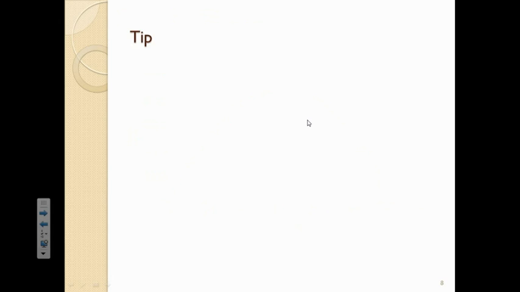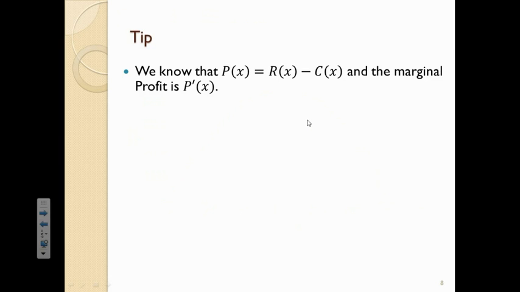Now, when we're working with trying to find maximum profit, there's a little tip I can give you. We know that profit is equal to the revenue minus the cost, and then we can calculate the marginal profit from that. We know if we're going to try and find our maximum profit, we set the p prime, the first derivative, or the marginal profit equal to 0 and solve for x.